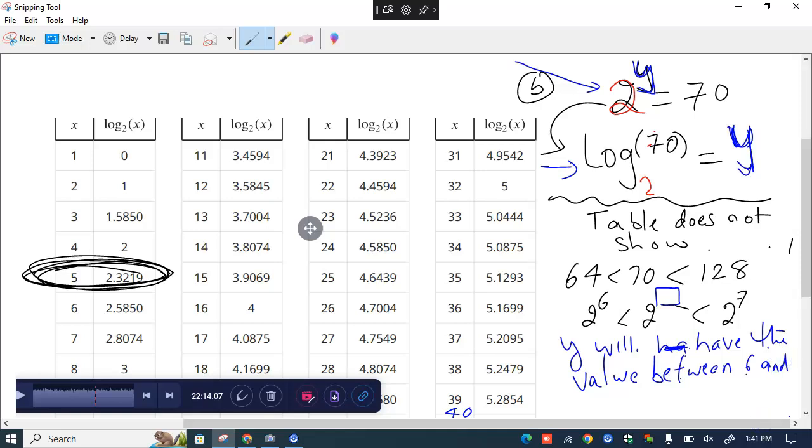That's all you're supposed to write, and you're done. We don't have the table to give the exact answer, but we can always say that 70 is between 64 and 128, and 64 is 2 raised to 6, 128 is 2 raised to 7. So it has to be between 6 and 7. I hope I made sense.